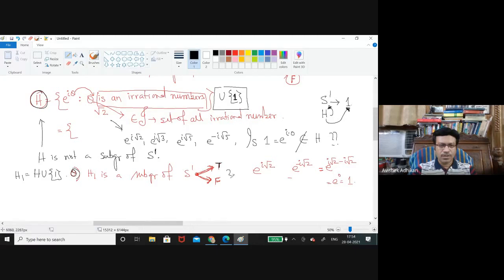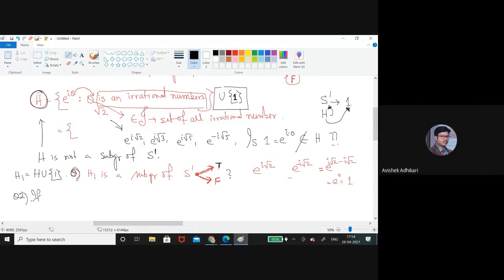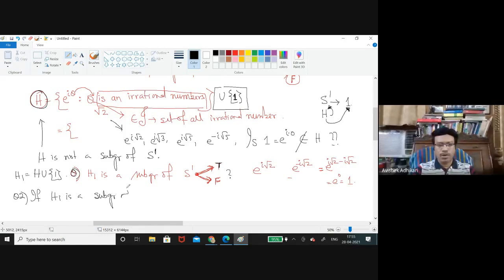My first question. Question number two: if H1 is a subgroup of S1, will it be a cyclic subgroup of S1?